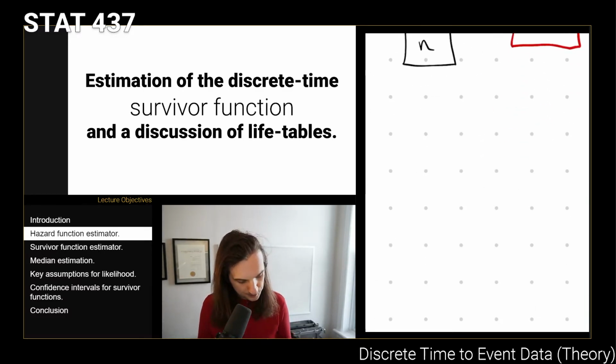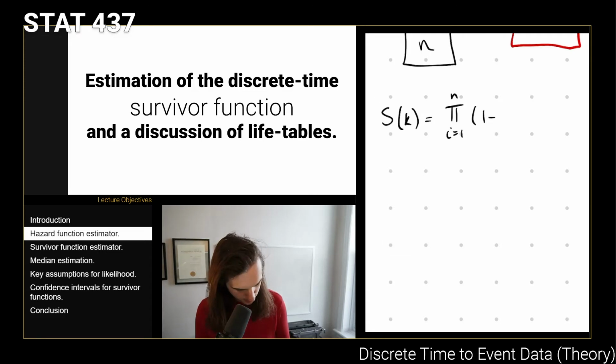And we can't use this as our estimation. Now, fortunately, in the first theoretical lecture on these topics, we saw that we could write the survivor function as the product of i equals 1 to k. And then what do we take the product of? Well, we take the product of 1 minus the hazard function evaluated at i.